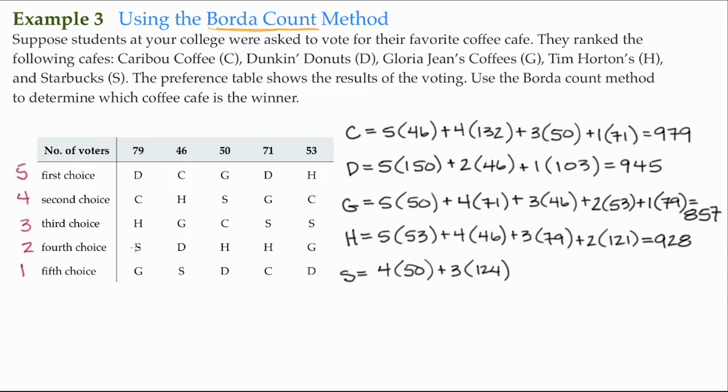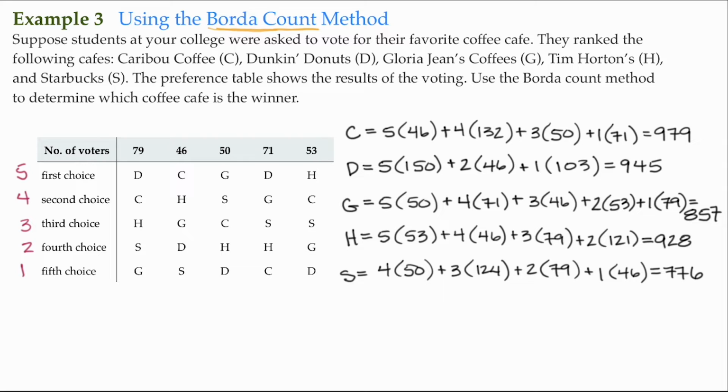Fourth choice, that gets 2 points. That's 2 times 79. And finally here, Starbucks here. 1 point assigned to fifth choice. That's going to be 1 times 46. And of course, we tally it all up. That's 776.